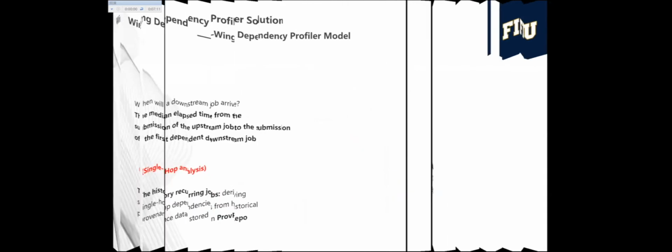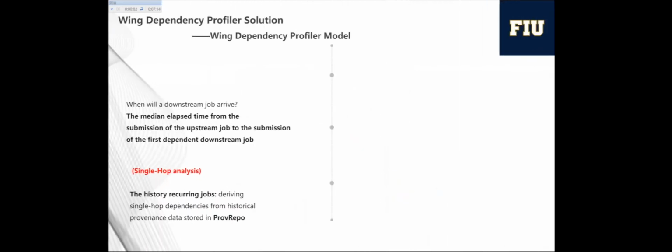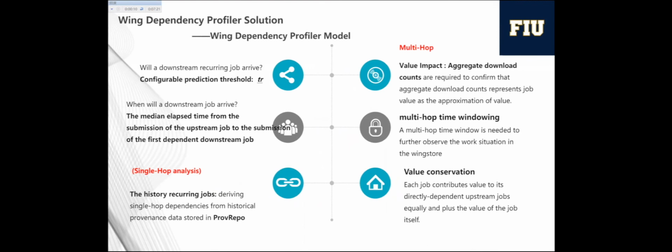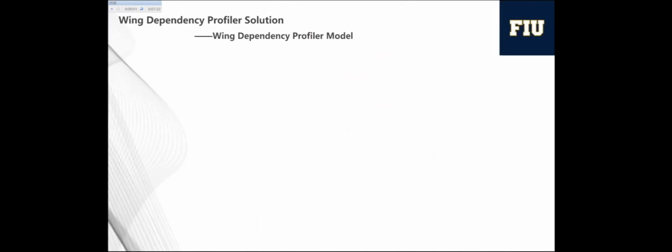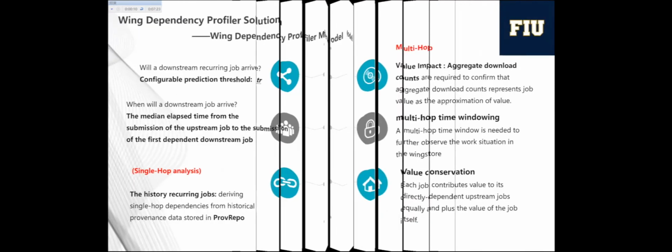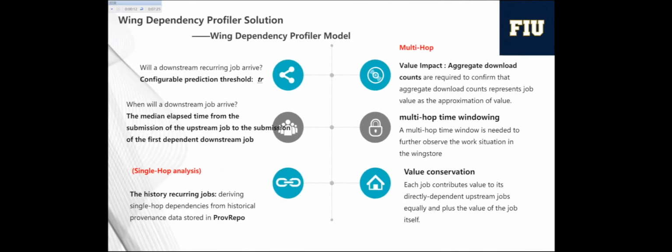When interacting with a single hop type of data source, the author abstracts an idealized cycle job model using a specific threshold and the median time of the job to predict whether and when the next cycle job will come.